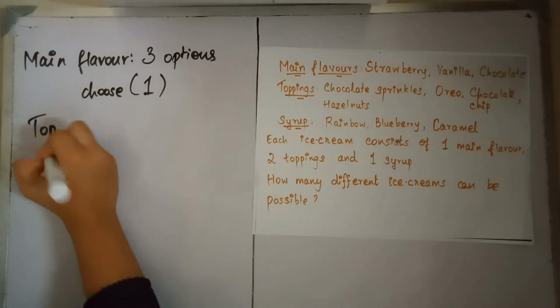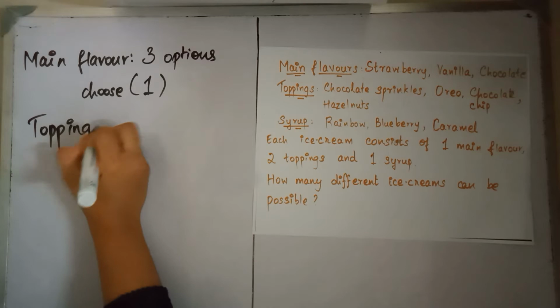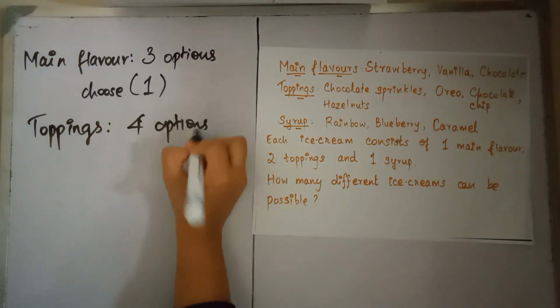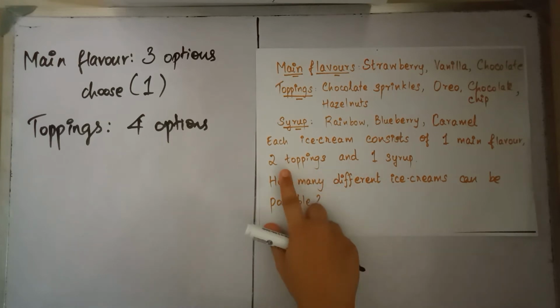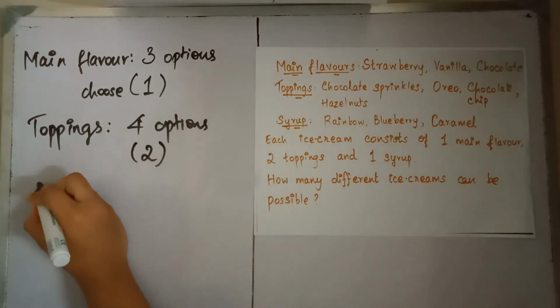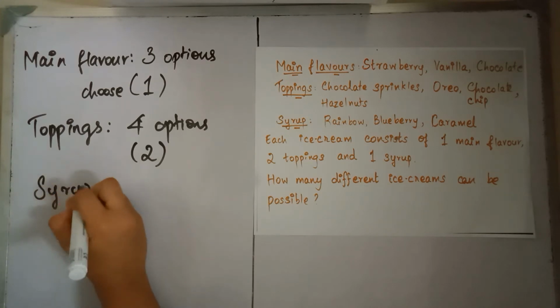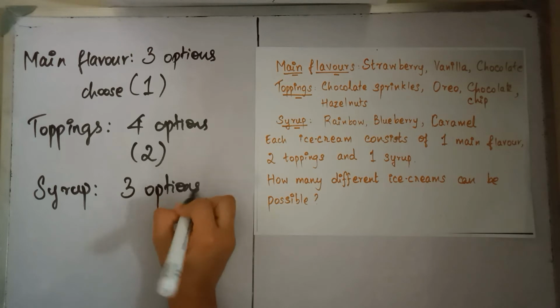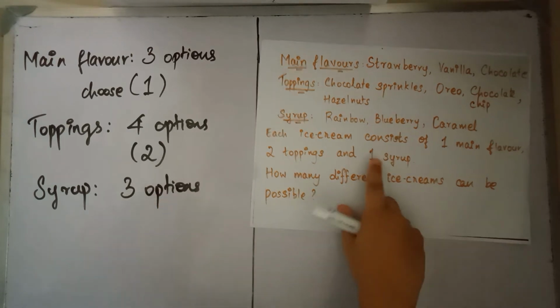In toppings, we have 4 options and we can choose 2 toppings. In syrup, we have 3 options and we can choose any one syrup.